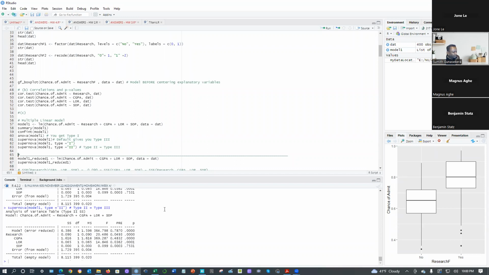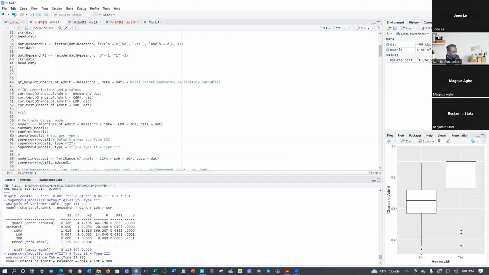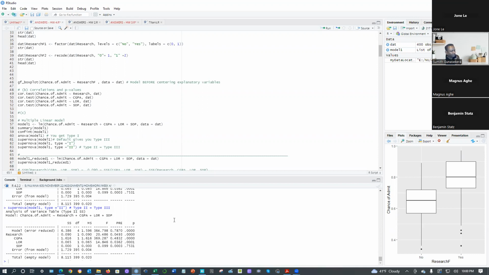Did I run type 2? Yeah, see. This is type 2, I'm sorry, and this is type 3. They're both the same, but they do not add to that. The type 1 is not the default for supernova. Default is type 3.